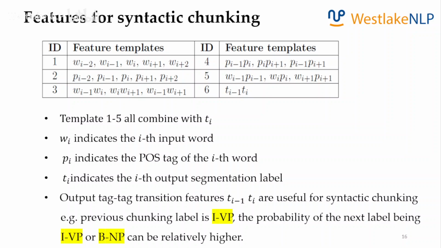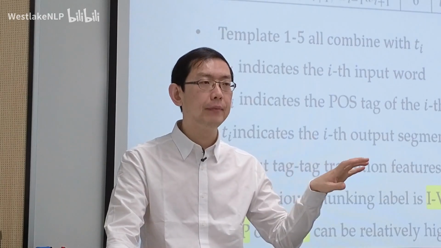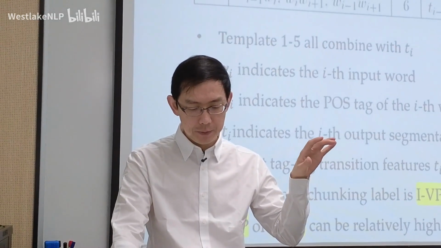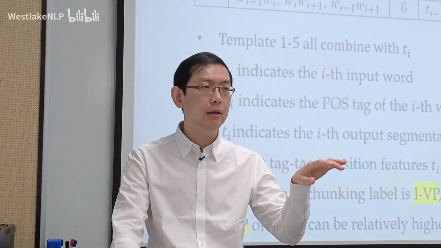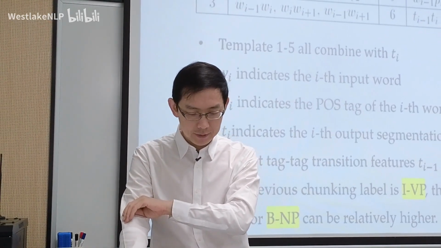The third category is word bigrams, needless to say. The fourth category is part of speech bigrams. The fifth category is word part of speech compositions. So what if the previous word is can, and the previous part of speech is a noun, and the current tag is the beginning of a verb phrase?